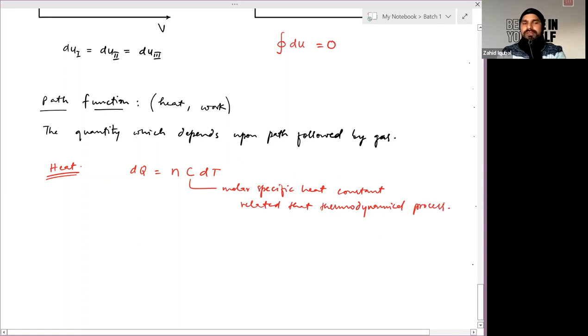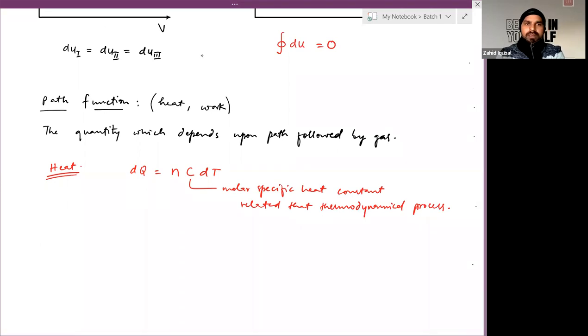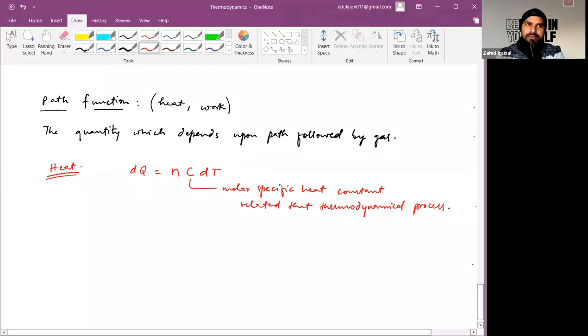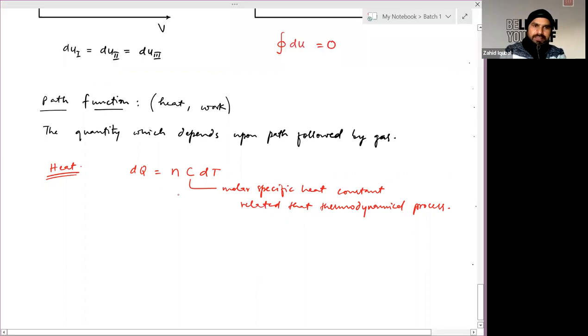Like we have different processes: isobaric, isochoric, isothermal, adiabatic. For all different processes, it will have a different value, and related to which we may define different heat.